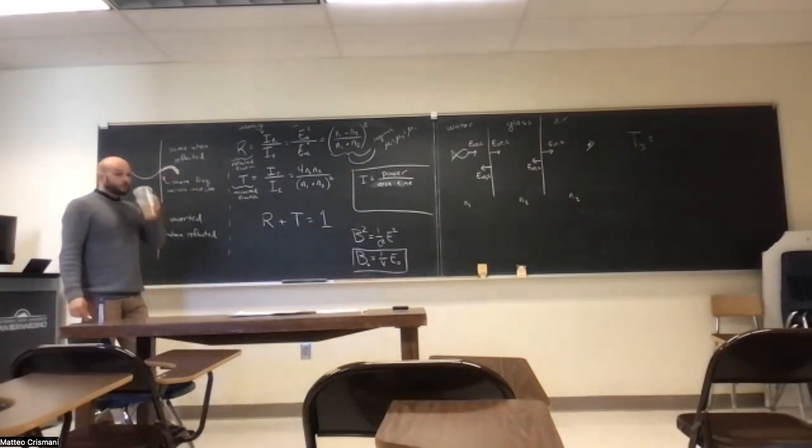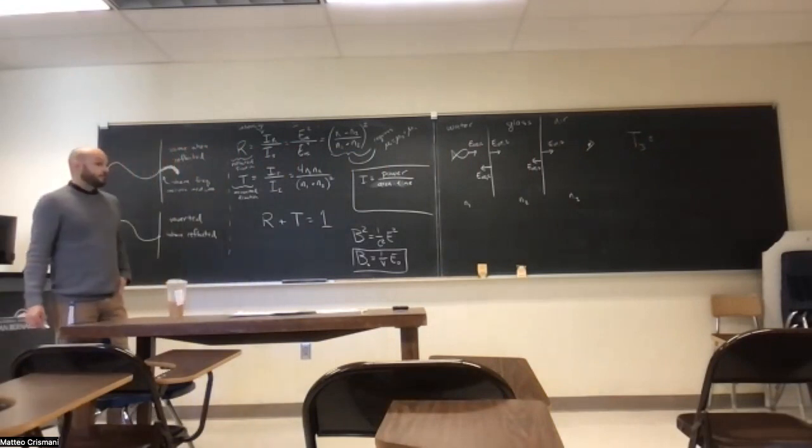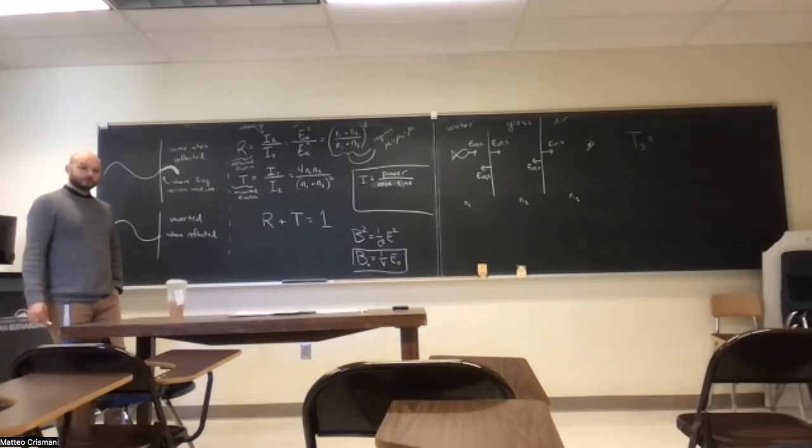Can you do something like R1 plus T1 plus R2 plus T2, something like that? What did you mean by R plus T equals 1? If you want to know what they are, then at least you know that they're going to equal 1.